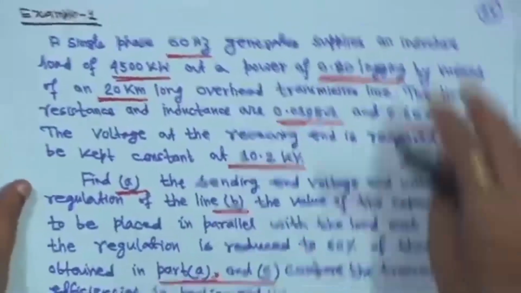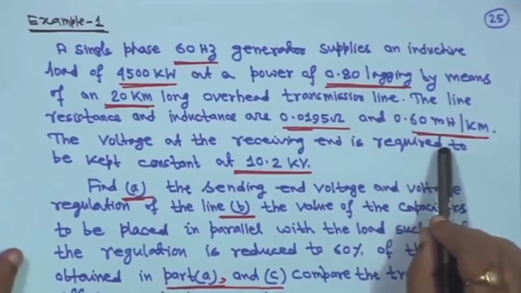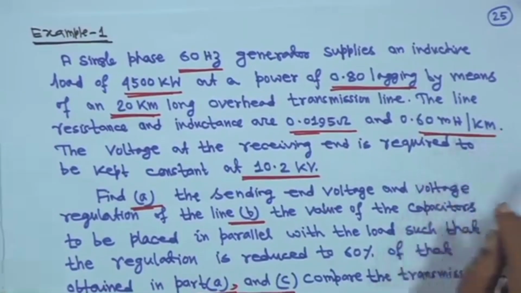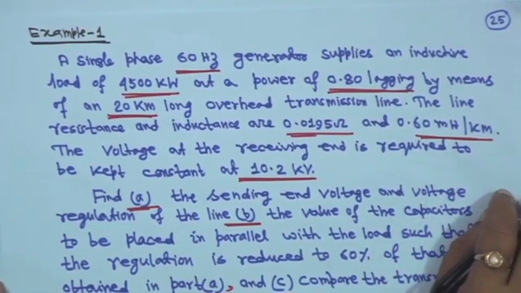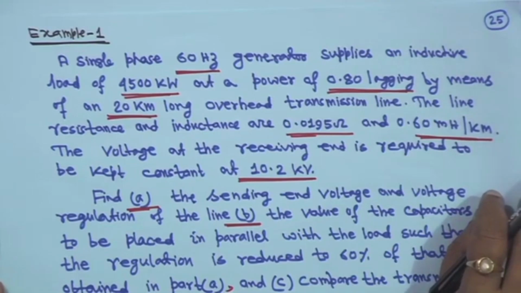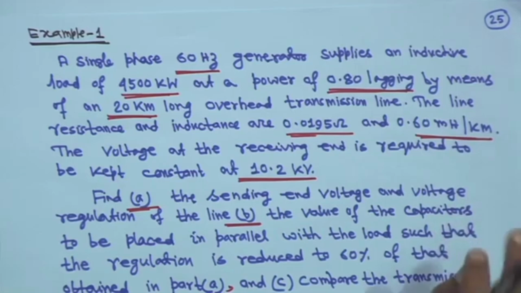So, now we will see a few examples, after that we will go to some more details of the characteristics of the transmission line, right. So, first you consider example 1, which will be a single phase line. But let me tell you one thing, whenever you solve numericals, even if it is 3 phase, you first transform all the parameters to a per phase basis, line to neutral, after that you solve it.